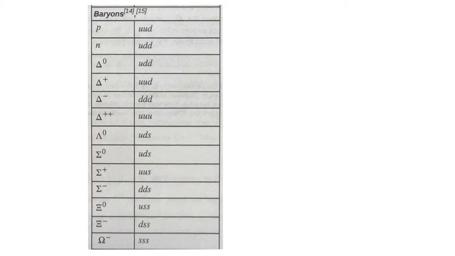So the most common ones that we work with are the proton, which consists of 2 up and 1 down quark, and the neutron, which consists of 1 up quark and 2 down quarks. But as we've learned, there's a multitude of other baryons, and you would not be expected to learn their compositions off by heart. We would give you a table.